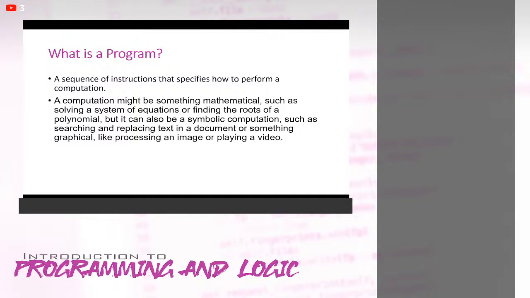Graphics and GUIs are a little beyond the scope of this course. But that is a symbolic computation we can do with a program, like processing an image, image editing, or playing a video. So when we use the term computation, we mean it in the mathematical sense, but also in the symbolic sense.